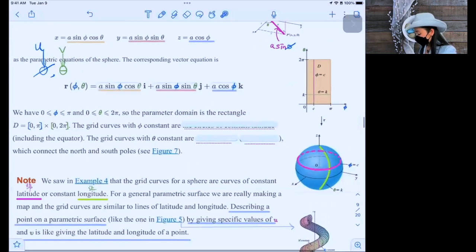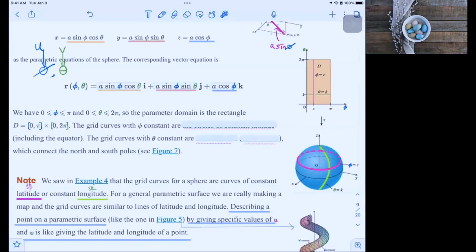So if you keep phi constant, you're going to get a circle. When phi is constant, cosine phi is a constant, so the z coordinate will be constant over here. And square this plus square this, you get x squared plus y squared equal to, in this case, a squared. So you're going to get a circle, this pink circle over here.